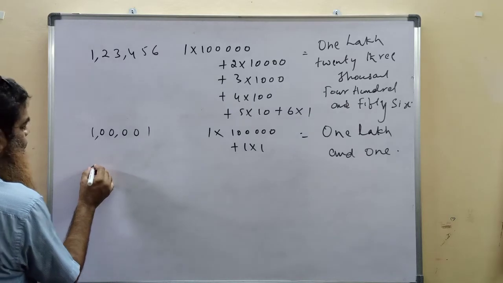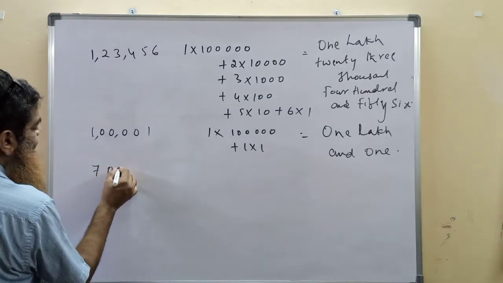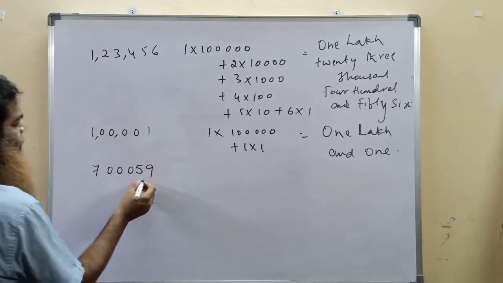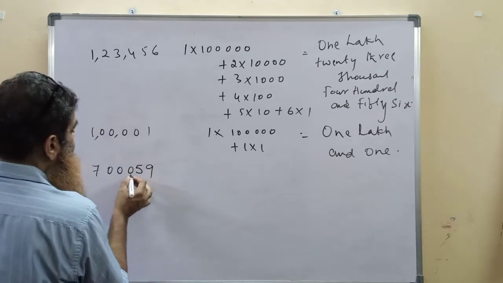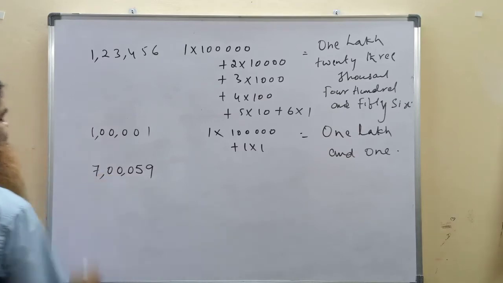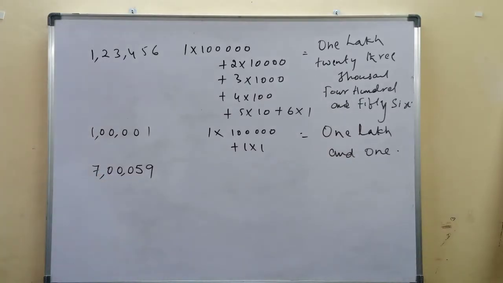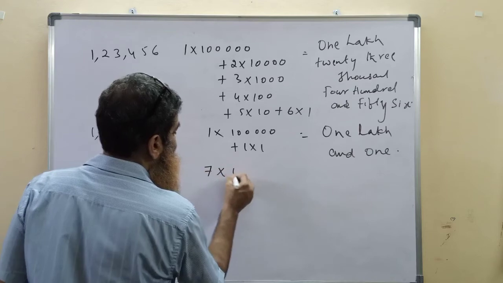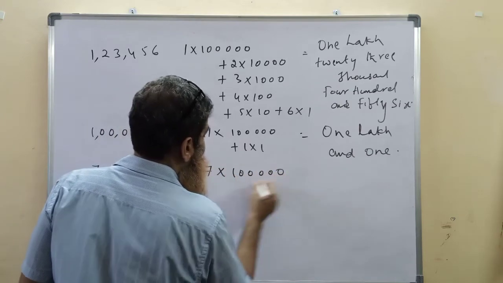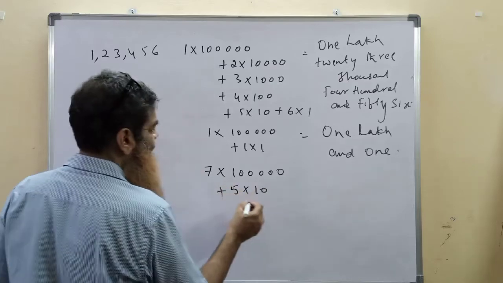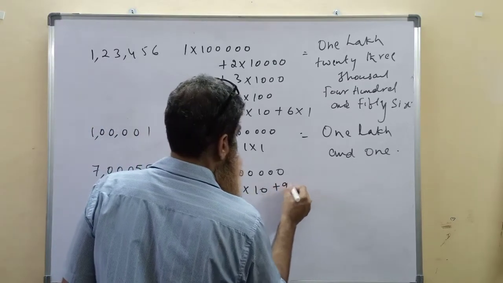Then we can go on to write another number. We have 5, 9, 0 in hundreds place, 0 in thousands place, 0 in 10,000 place, and we have 7 in the lakhs place. This number is 7 lakhs and 59. 7 into 1 lakh, then 5 into 10 plus 9 into 1.